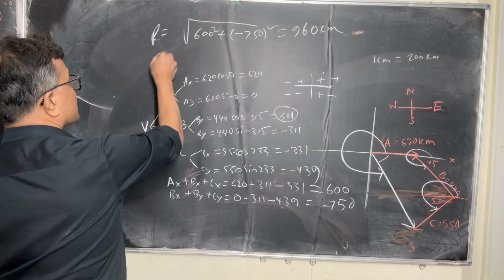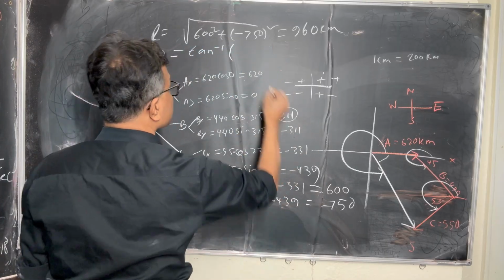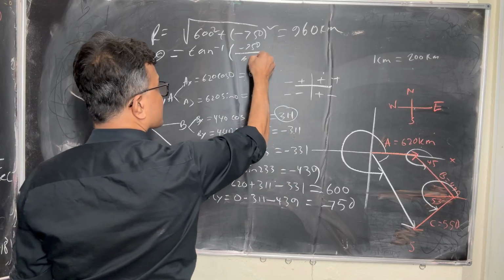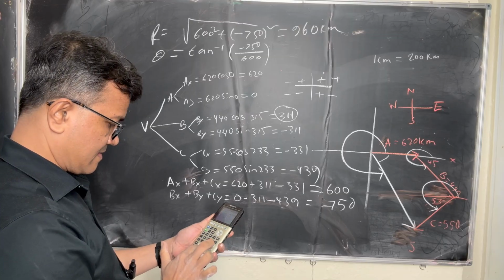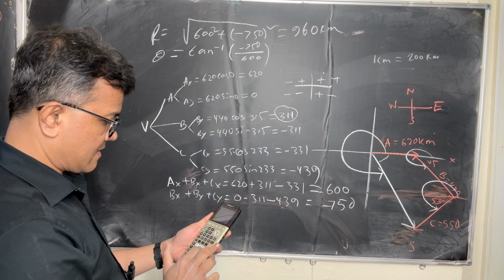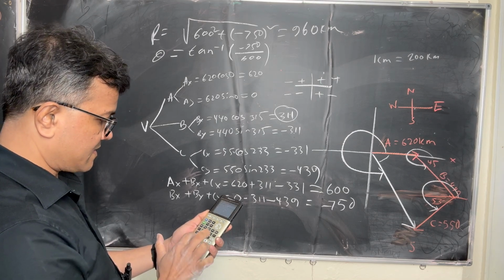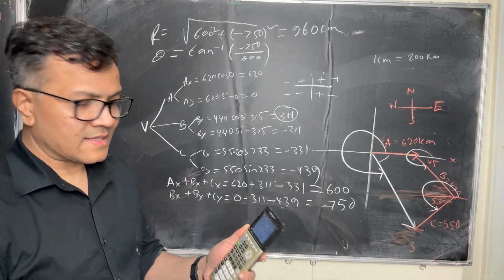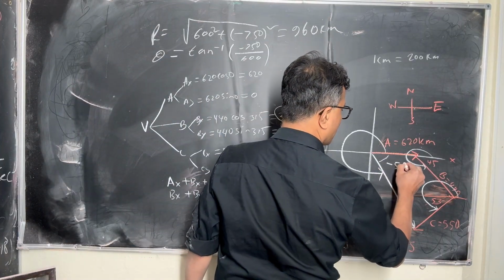Okay, angle: tangent inverse of negative 750 divided by 600, and that is negative 51.